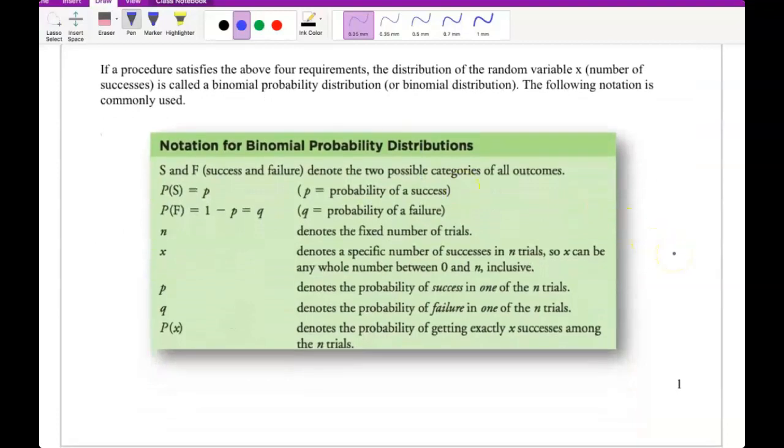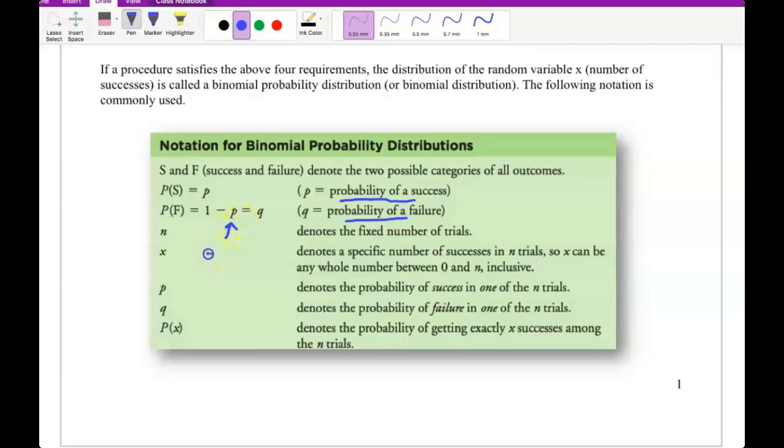Now what we have on this part is, for success we will use S, and for failure we have F. Here P is probability of success, so Q is probability of failure. This part is exactly the same as having Q this.